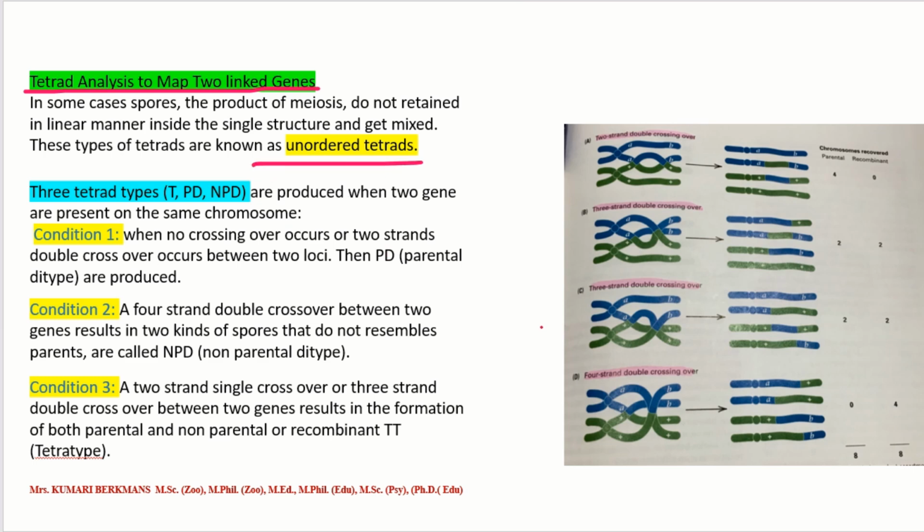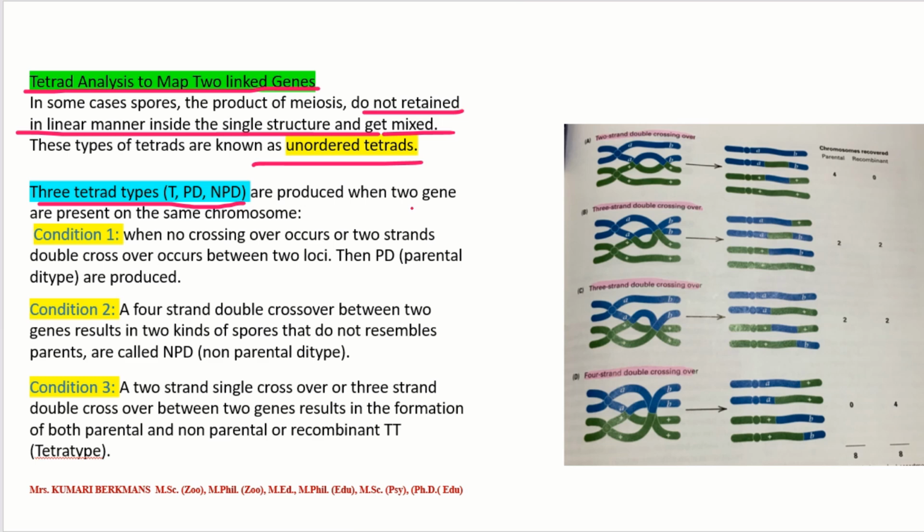An unordered tetrad is where the products of meiosis are not retained in linear manner inside the single structure and get mixed. This type of mixing is called an unordered tetrad. And there are 3 tetrad types: T, PD and NPD. What are they? We are going to see now.